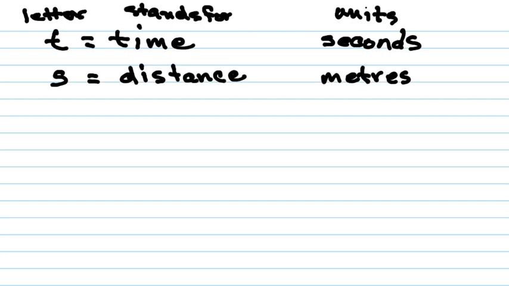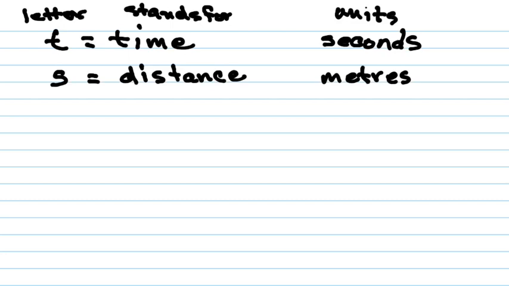Now, when you think of speed, think of driving a car, right? When you're driving a car, or you're riding in a car, you go at some speed. How is that speed measured? In kilometers per hour, usually, right?